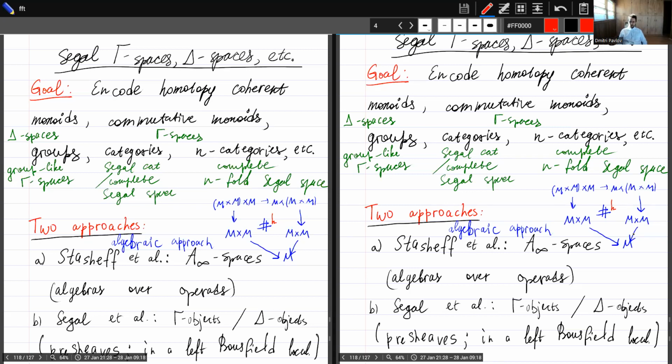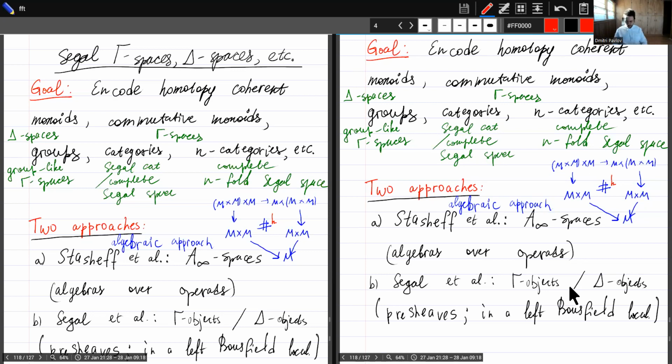I mean, it's not a bad approach, but perhaps today we can point out that in many practical examples, it's difficult to explicitly write down all this data that we have to write down, such as all those operations and higher homotopies between them. This just may be too difficult in some examples.